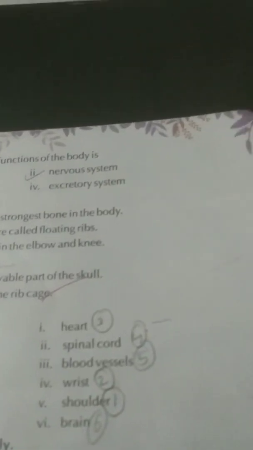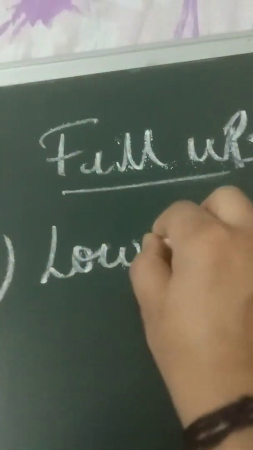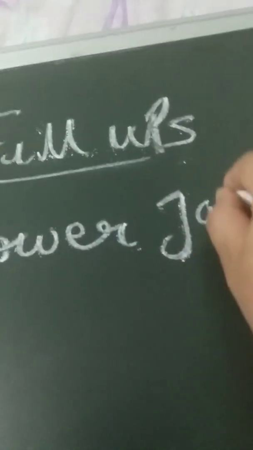Next, the dash is the only movable part of the skull. Fifth one, lower jaw.